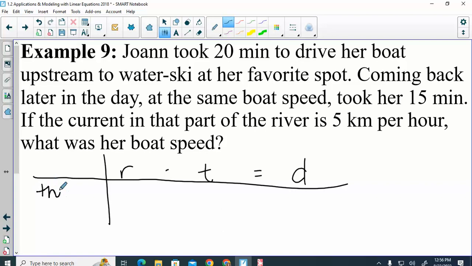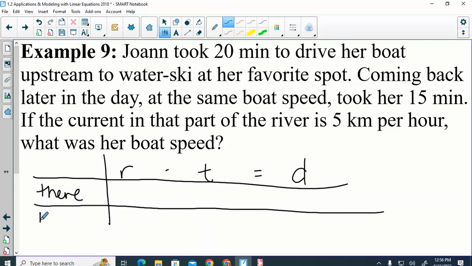So we have the way there and the way back. How would we set up our equation this time? Are we going to add, subtract, or equal? It should be equal, because if you go somewhere and come back, it should be the same distance both ways. Okay. Again, we have to watch.